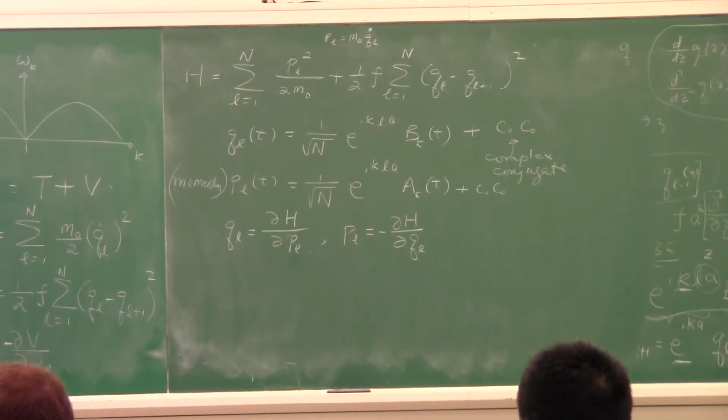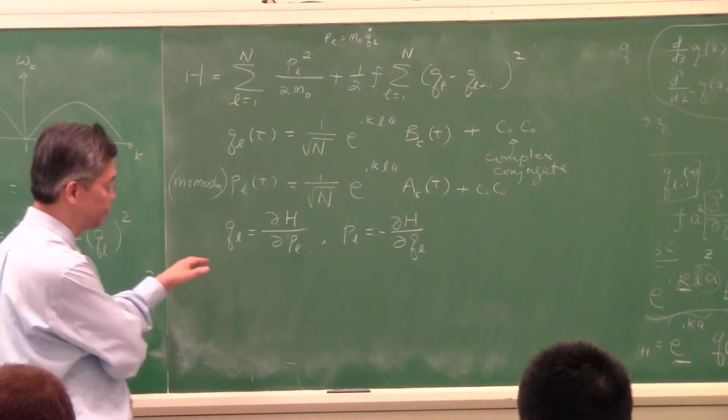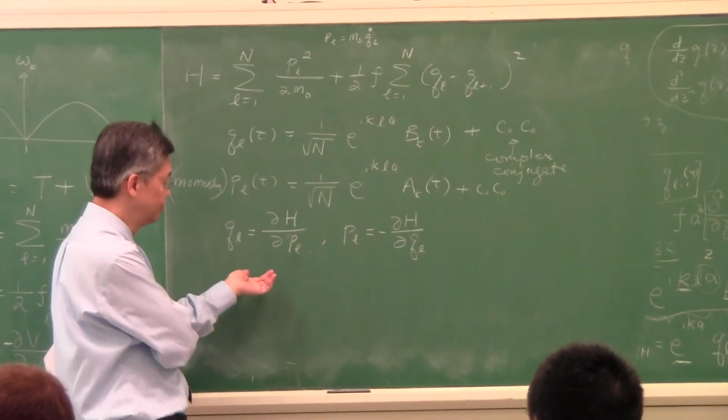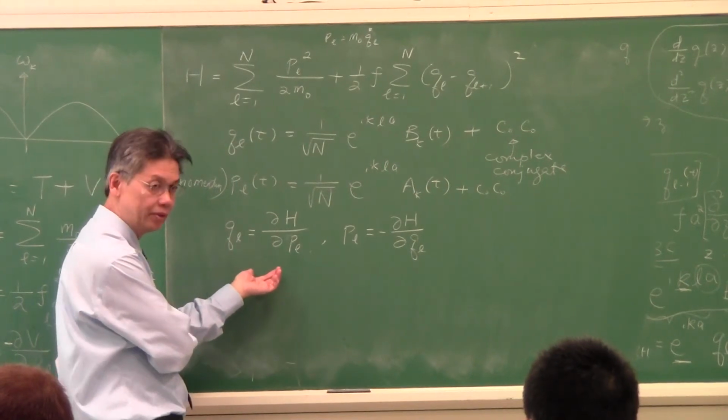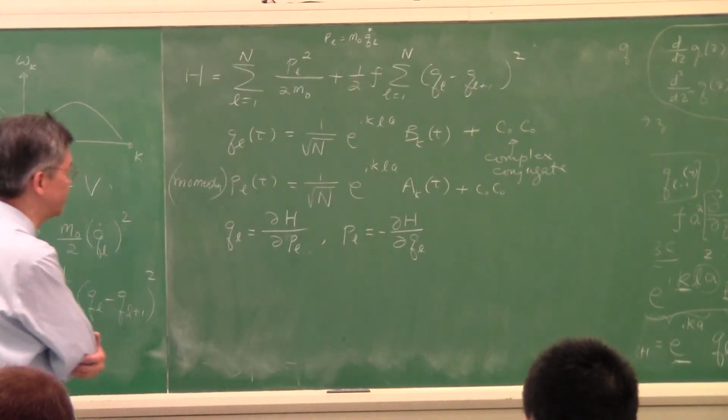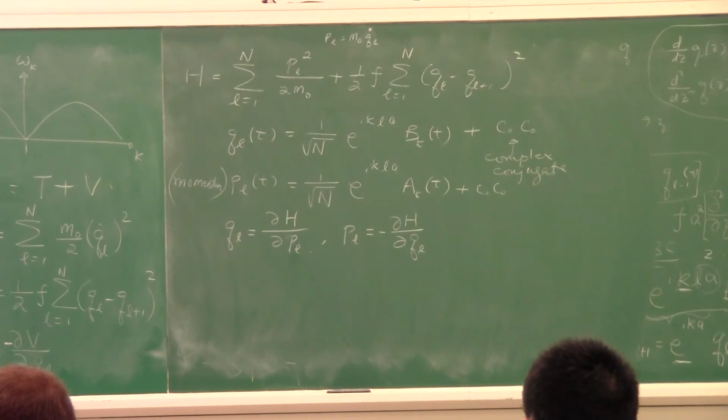So if you apply this equation of motion that we have proven before from Lagrangian mechanics and Hamiltonian mechanics, you can also derive the equation of motion we had yesterday. There should be a time derivative in the QL here.